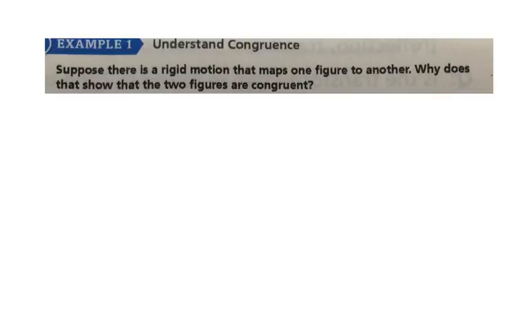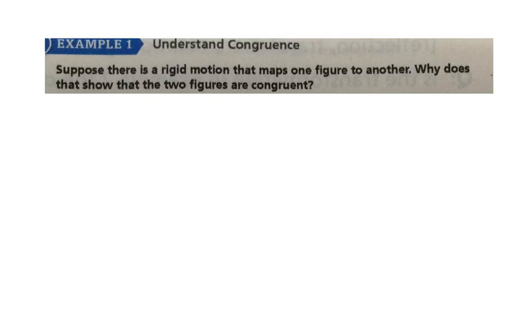Suppose that there is some kind of rigid motion that can map one figure onto another figure. Why does this mean that the two figures are congruent? All right, so what does rigid motion mean? If our motion is rigid, it stays the same shape: same lengths, same angles.